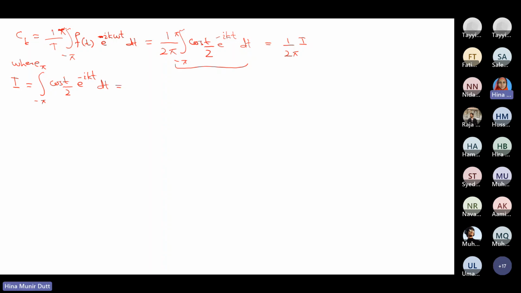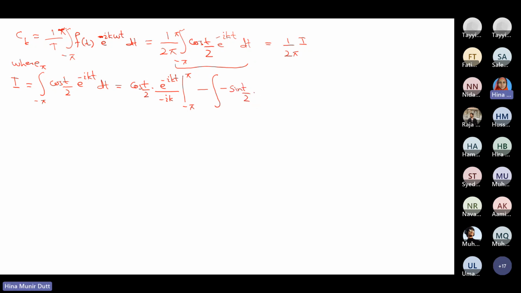So I can take cos t over 2 as the first function and e to the power minus iota kt as the second function. Doesn't matter. Taking the first function as it is, the integral of the second function, when taking the integral, I have to divide by its coefficient, minus iota k, with limits of integration from minus pi to pi, minus the derivative of cos of t over 2, which is minus sine of t over 2.